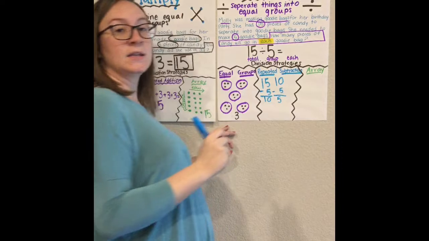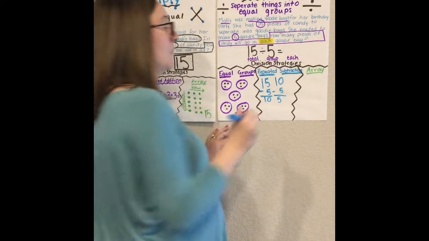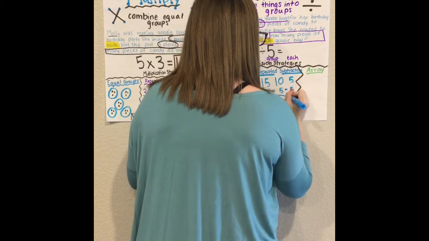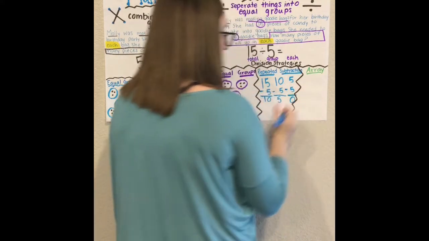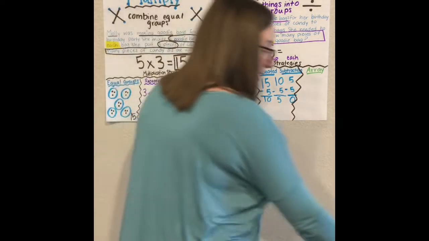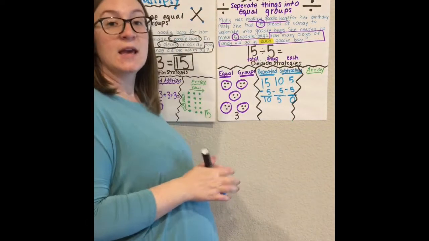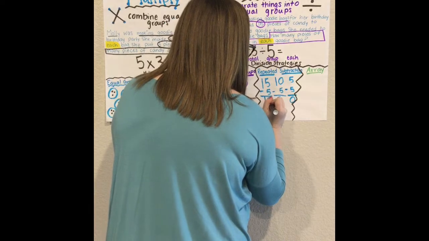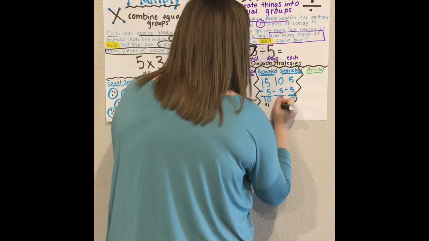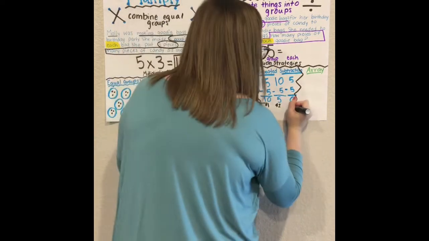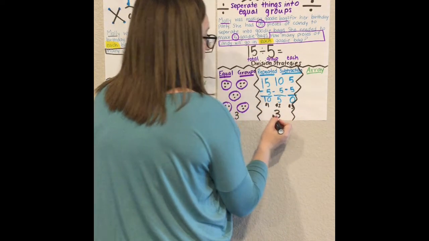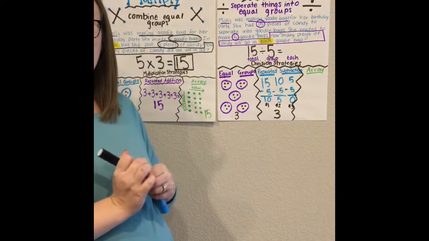And we're going to keep going until our final number is 0. 5 minus 5, which equals 0. The number of times that you subtracted is your answer. We subtracted once, we subtracted twice, and we subtracted 3 times. So for repeated subtraction, our number is also 3.